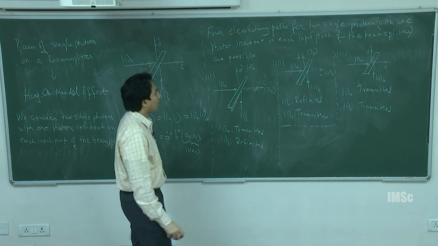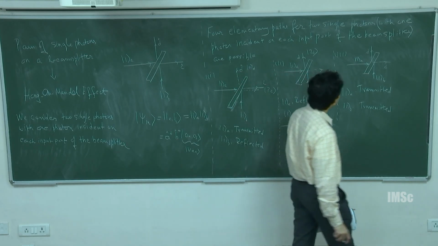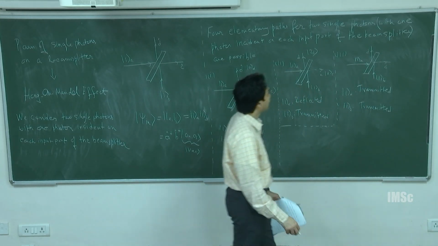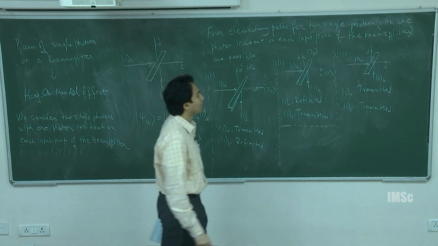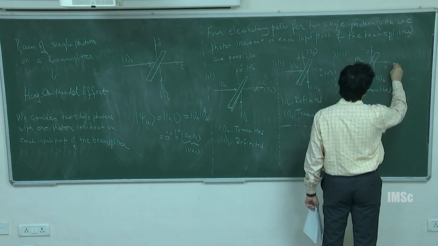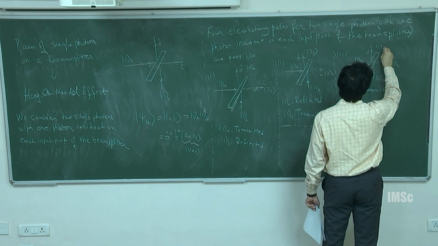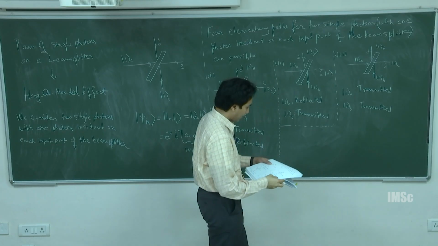So how many photons will exit through port C and D in this case? One each. Good. So this is the third possibility.